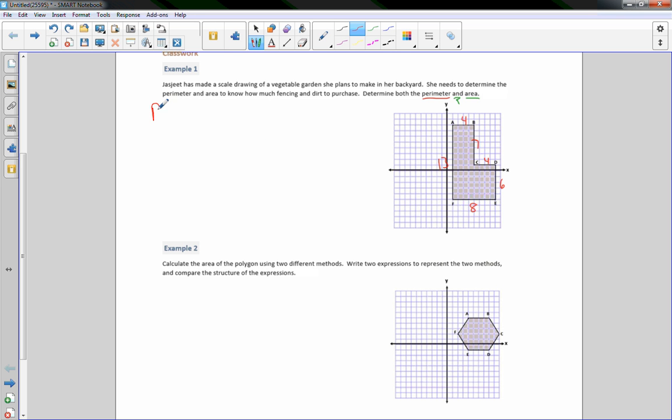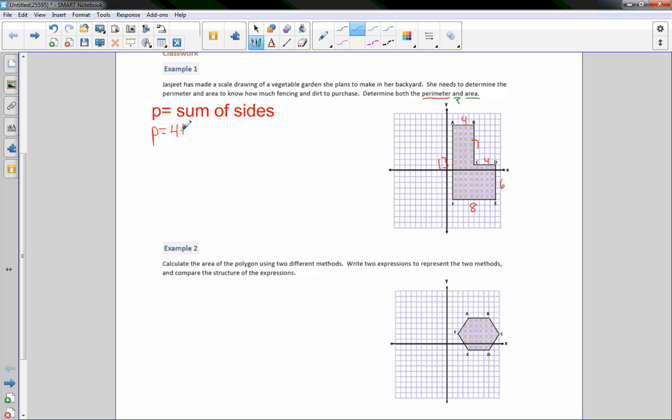And notice this 4 plus this 4, if we line them up, would be a total of 8. Okay, so the first thing I write is the formula. Perimeter equals sum of sides. So in this case, the perimeter equals, I like to start at the top and work my way around clockwise so I don't miss anything.